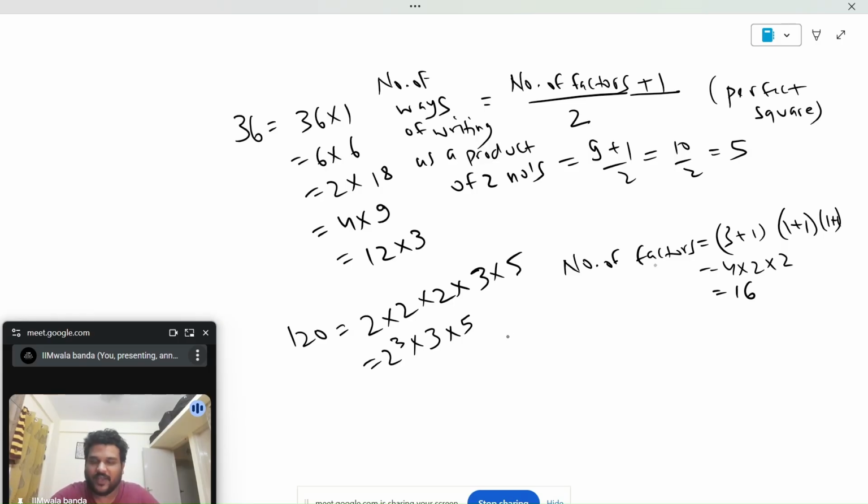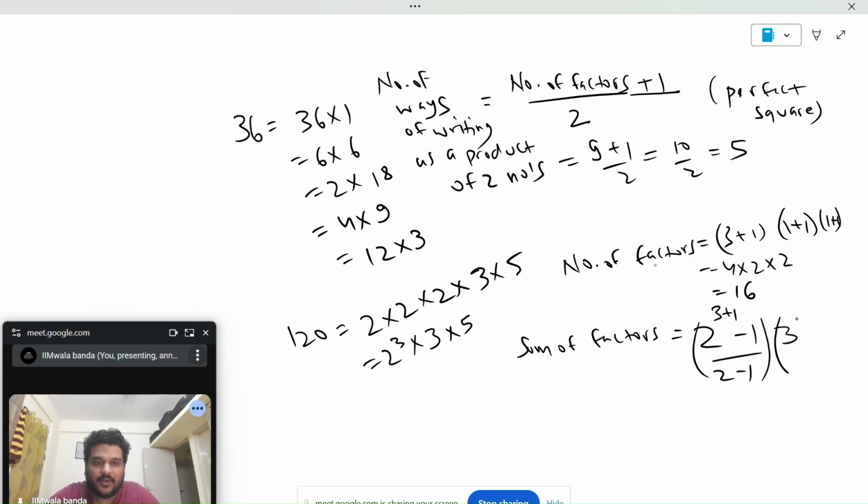Let's find out all the values and we will revise also. Sum of factors: what was the first term? 2. So 2 to the power 3 plus 1 minus 1 upon 2 minus 1. Next is 3: 3 to the power 1 plus 1 minus 1 upon 3 minus 1.